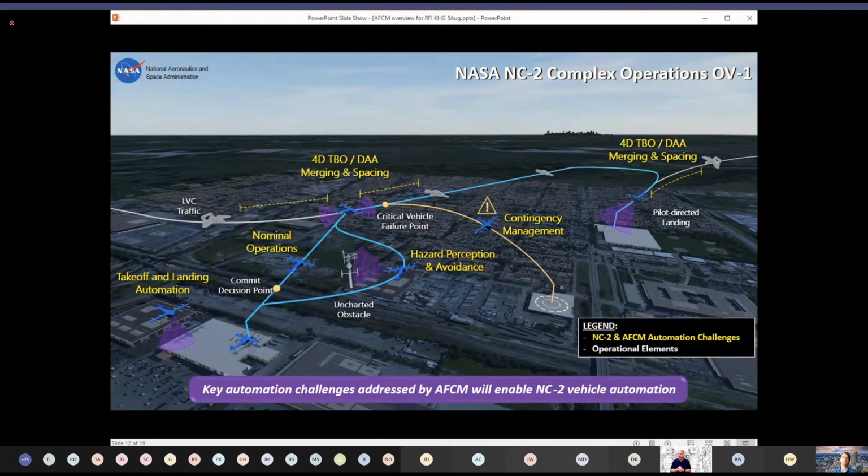So having the ability for the vehicle to perceive directly, as well as using that capability to make the pilot aware of these dynamic hazards, is very important to the efficiency and safety of UAM. So evaluating different ways of performing these operations and working on the integration of them is a near-term focus for the AFCM sub-project.